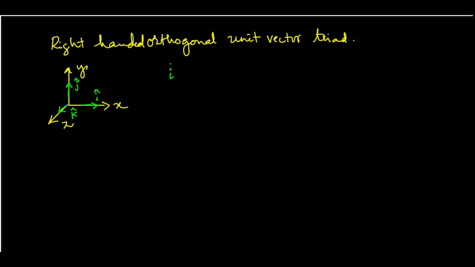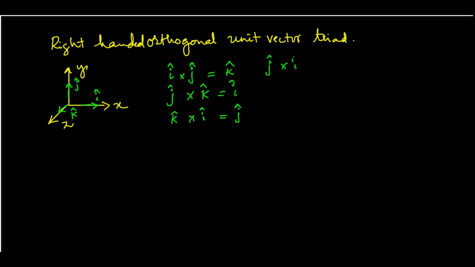Now i cap cross j cap is k cap, right? We put our fingers towards the x-axis and curl them towards the y-axis, and you get a vector along the z-axis. Same way, j cap cross k cap is i cap, and k cap cross i cap is j cap.